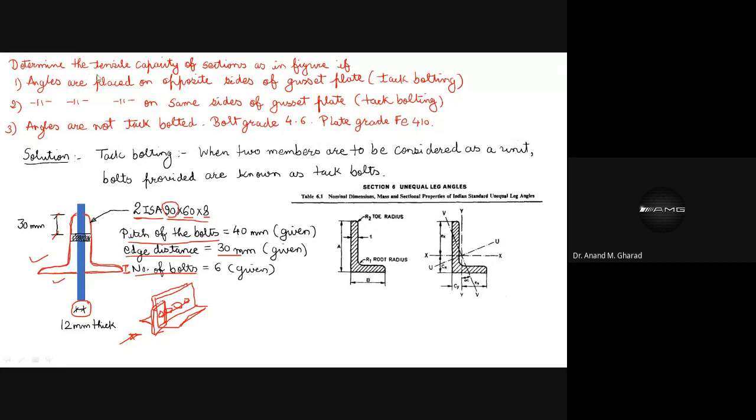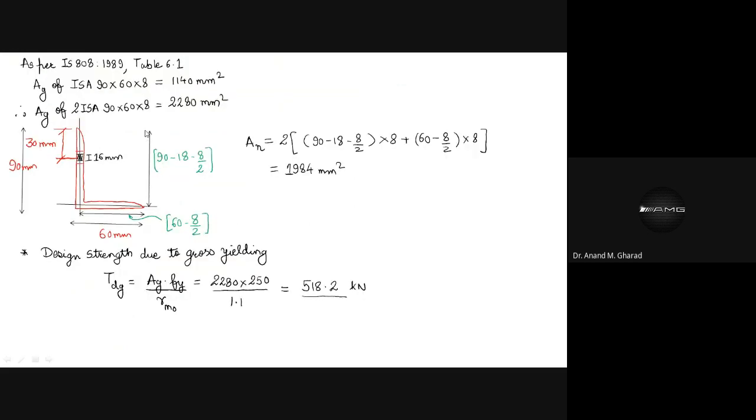Is this okay? Right? So this is the given information, and with respect to it, we are supposed to determine the tensile capacity of the section. So let us begin. Before calculating the tensile capacity, let us first find out a few parameters. First is the gross area.